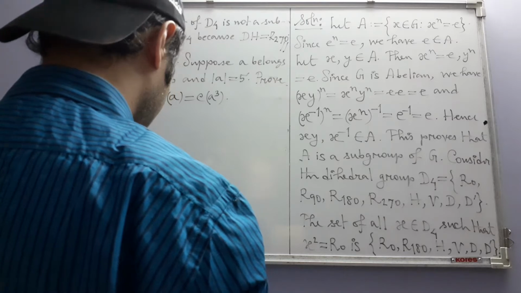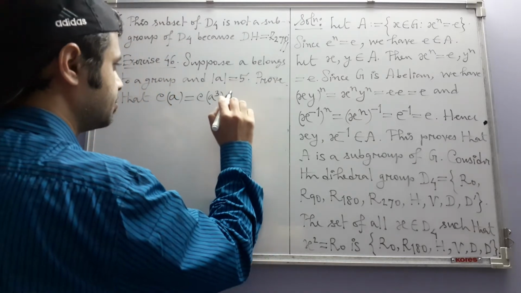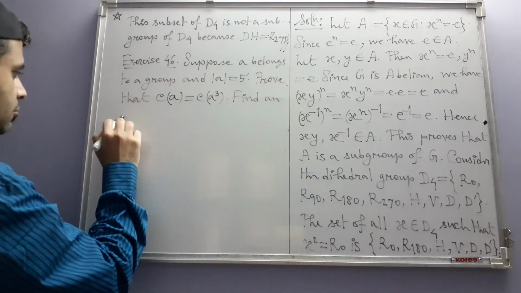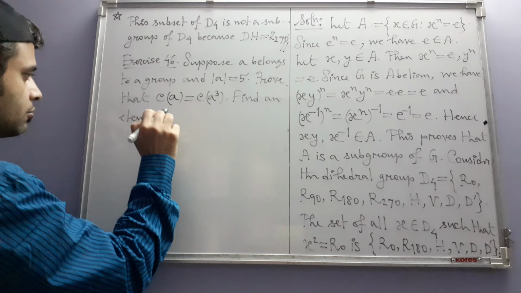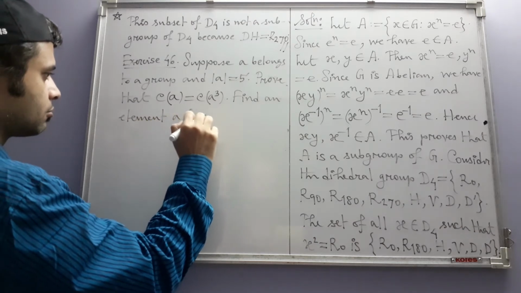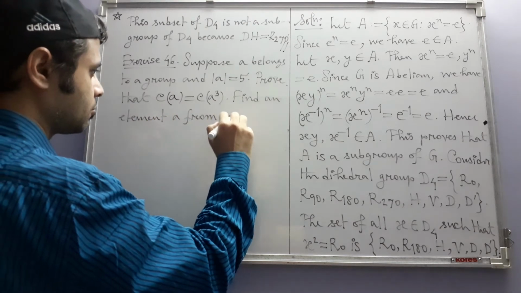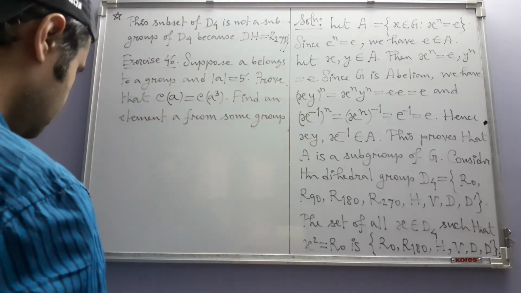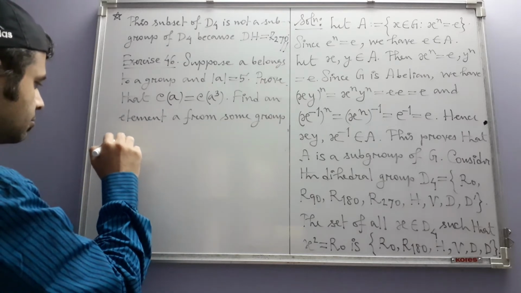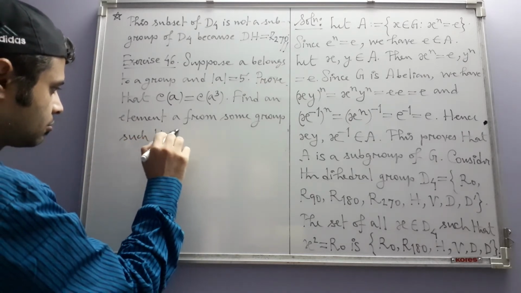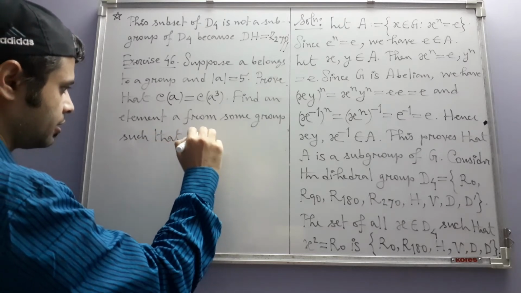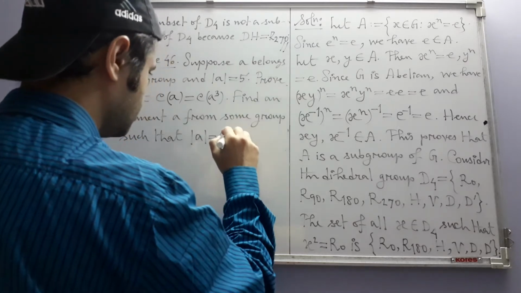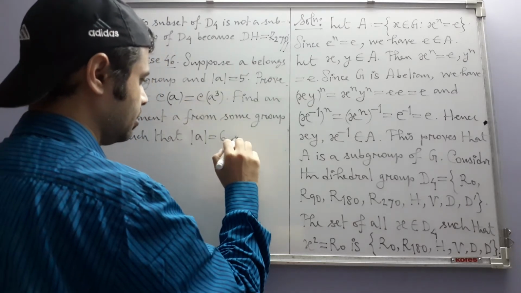Find an element A from some group such that the order of that element is this time 6, and this equation is not true for that element.